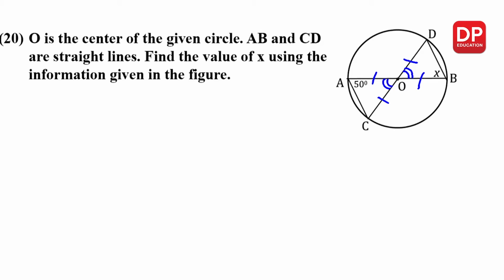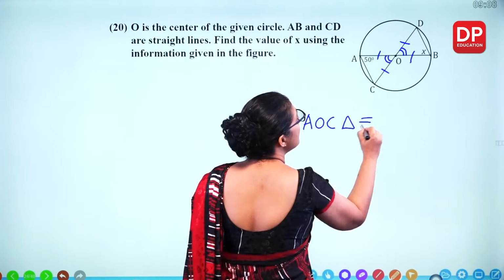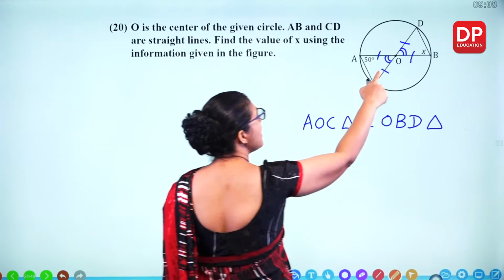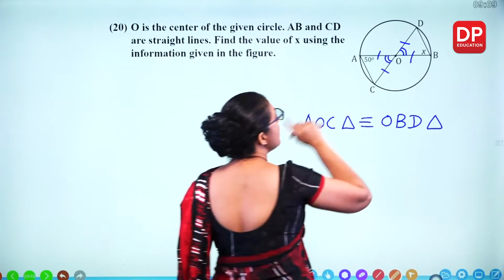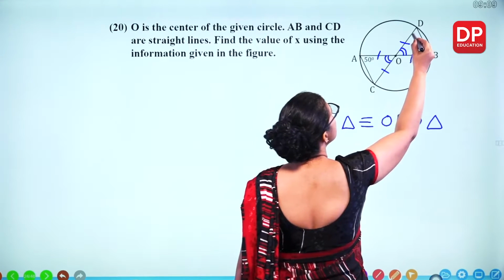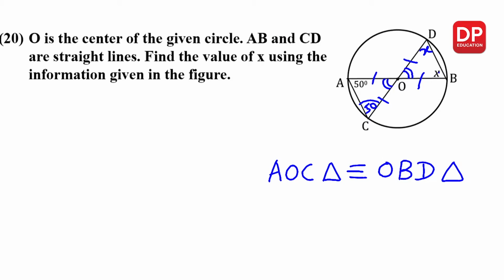So we can see AOC triangle and OBD triangles are congruent. Side angle side. So if these two are congruent, this is 50, this is x, and this is 50 here because isosceles as well.